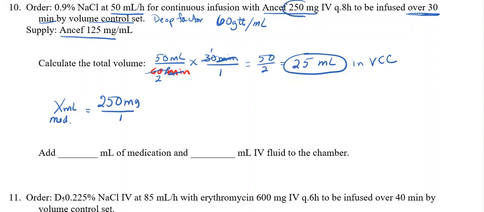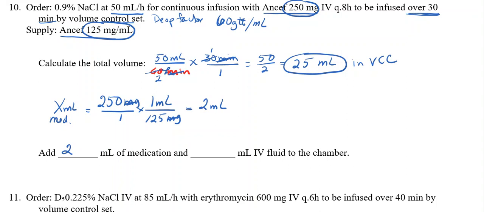And then my supply concentration, 125 milligrams per milliliter. So 1 milliliter, 125 milligrams. So my milligrams cancel. 250 divided by 125 is 2 milliliters. So I'm going to add 2 milliliters of medication.